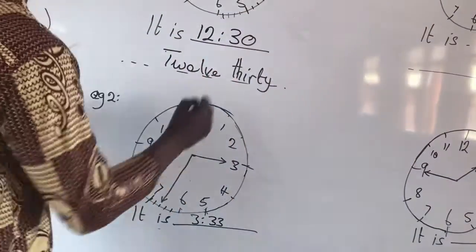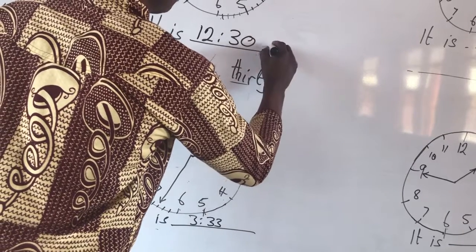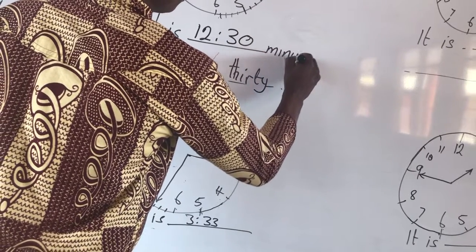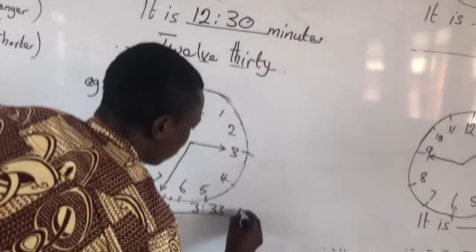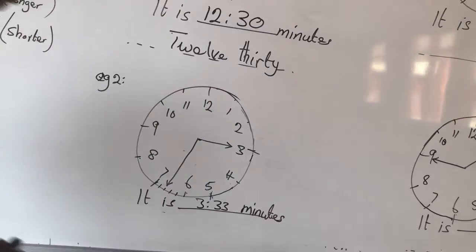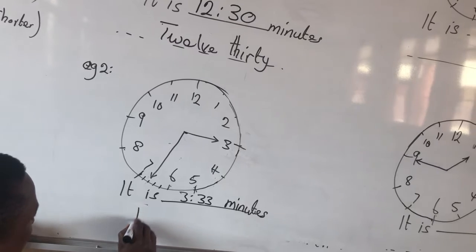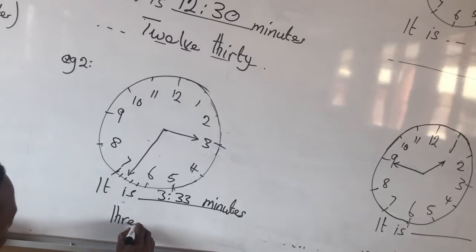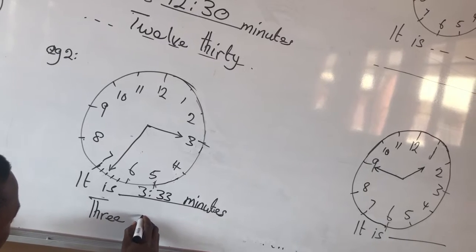Don't forget, we are reading our time in what? Alright, so you write this in words. 3:30.